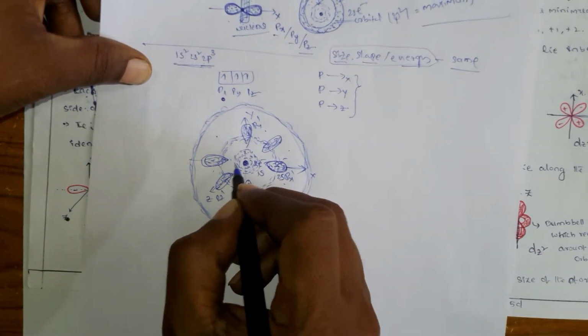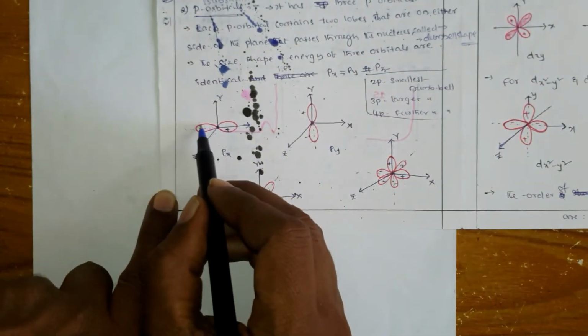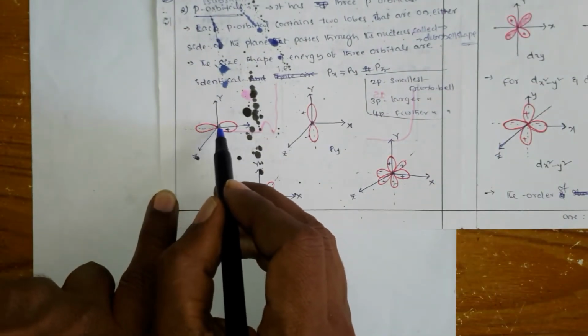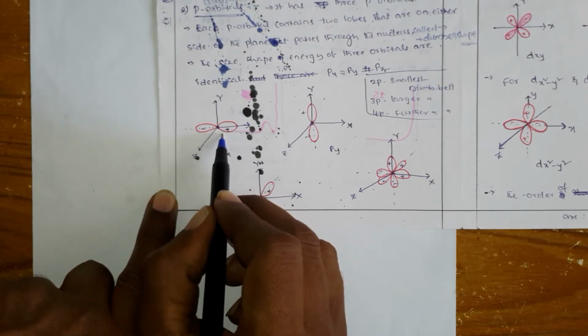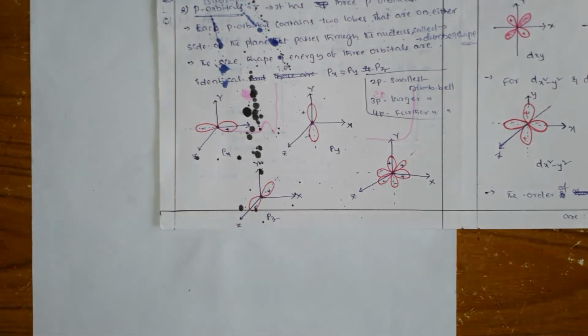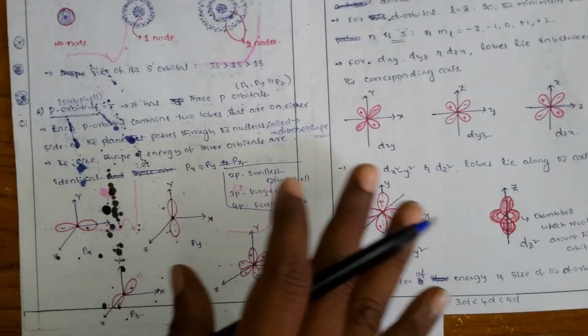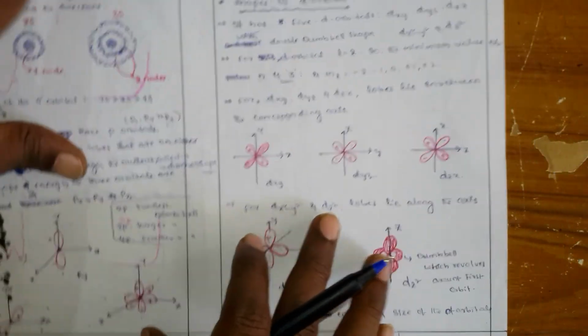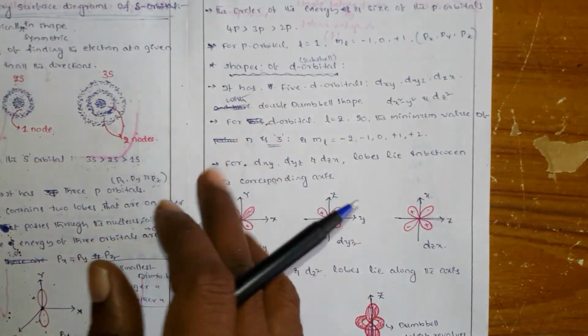Here the nucleus is there, so that is the reason we write it like this. One lobe is at the left side of the nucleus and another is at the right side. I think this is a little difficult to understand, but not that difficult.